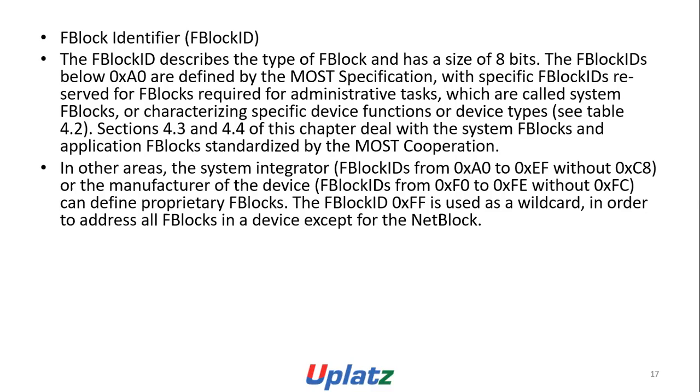In other areas, the system integrator can define proprietary Fblocks with FBlockIDs from 0xA0 to 0xEF without 0xC8, or the manufacturer of the device with FBlockIDs from 0xF0 to 0xFE without 0xFC. The FBlockID 0xFF is used as a wildcard in order to address all Fblocks in a device except for the NetBlock.